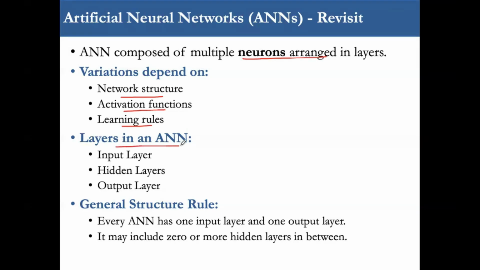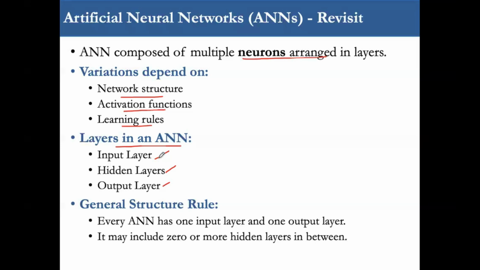What are the layers in an artificial neural network? There are 3 layers: input layer, hidden layers, and output layer. The input layer should always be present in any artificial neural network, and it receives raw data or features of the data set.